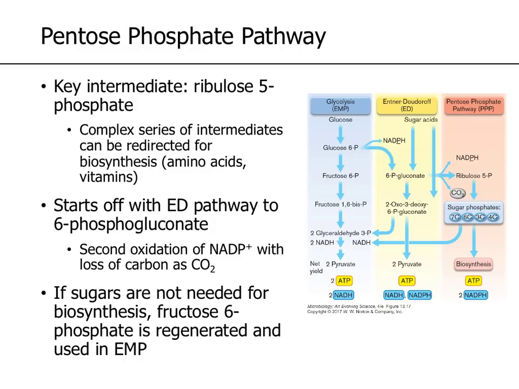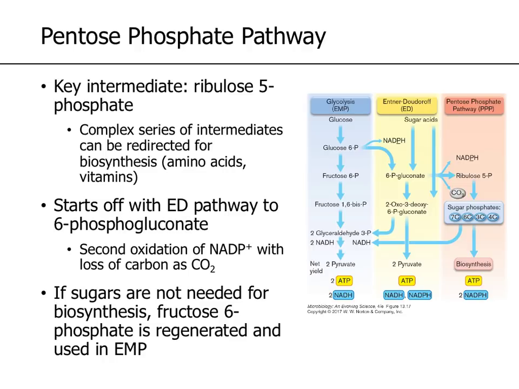And then from there, there's all these possibilities of what kinds of different sugar molecules you can get. But basically, if the sugars aren't needed at that time in the cell, then you can regenerate fructose 6-phosphate and then pass that back into glycolysis.